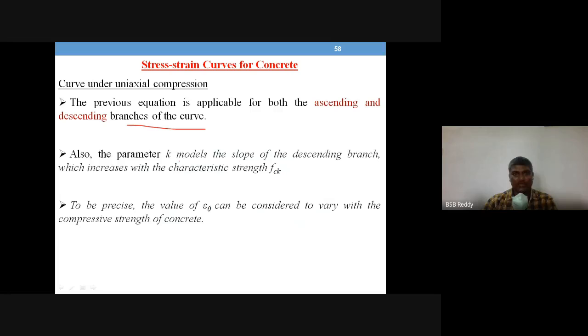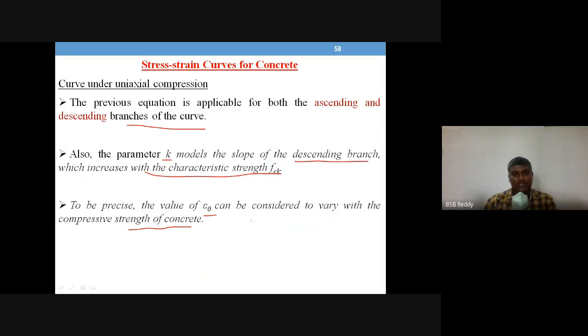The equation is given. The parameter k models the slope of the descending branch, which increases with the characteristic strength. And to be precise, the value of strain can be considered to vary with the compressive strength of the concrete.